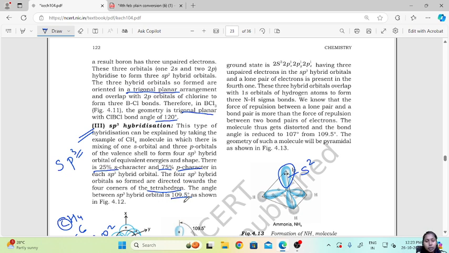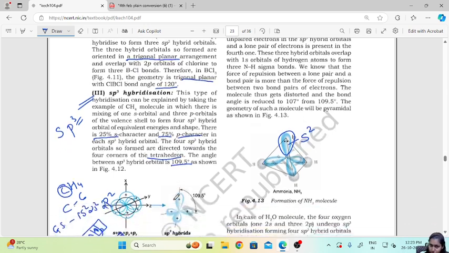So you can get a question: why is the bond angle of ammonia 107 even though it follows sp3 hybridization? The reason is simple. It is because of the lone pair-bond pair repulsion, which is more than the bond pair-bond pair repulsion, and because of the repulsion the shape is distorted, leading to a reduction of the angle. So the geometry of such a molecule will be pyramidal.